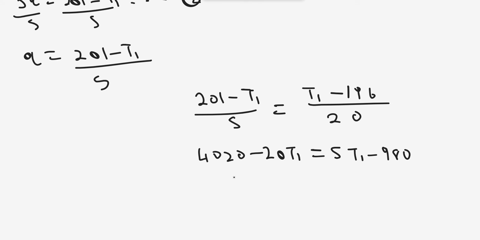And we take 980 to our left hand side, so we're going to have 4020 plus 980 equals 5 T1 plus 20 T1.